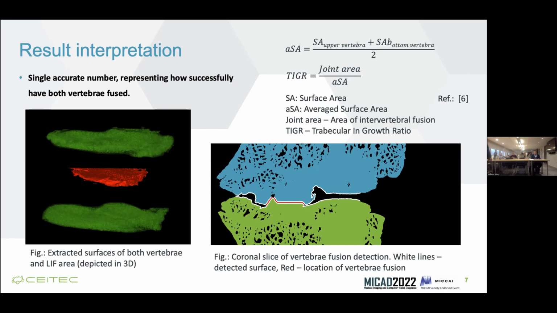Not pretty easily, but it can do. It's more advanced. There are several steps in between, but the basis is the watershed transform. No, it's not separating the bone fusion, but the two vertebrae are separated, and here becomes a one voxel wide space between them, which we consider as the bone fusion, this region.